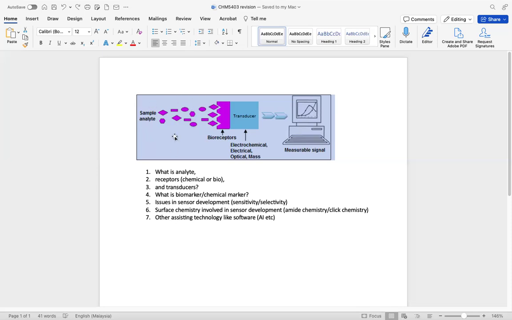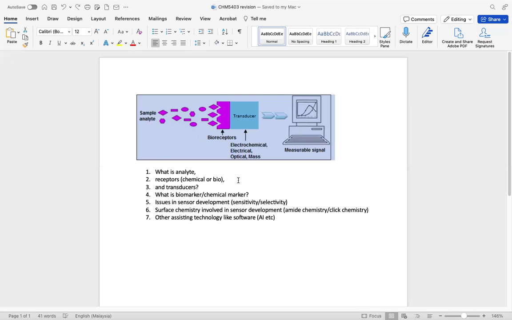The samples contain a lot of other things, and if the receptors are not selective towards the analytes, meaning they can react with other foreign substances in the sample matrix, then it defeats the purpose. The whole sensor will not be workable, and it will suffer a lot of errors.